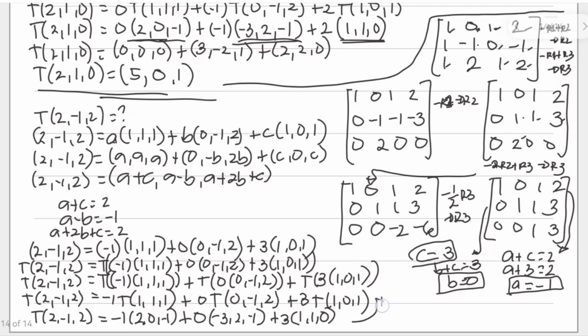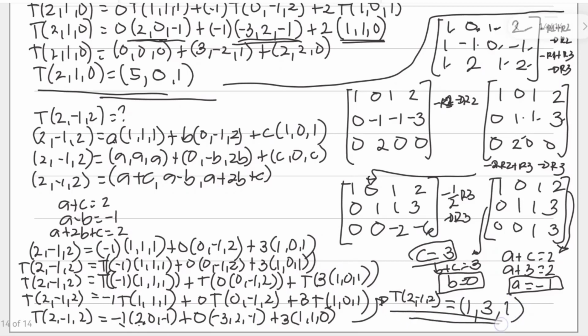So this is negative 2, 0, and then positive 3. So I'm just automatically going to answer 1. Next, 0, 0, 3. And then for the last, you have positive 1, 0, 0.